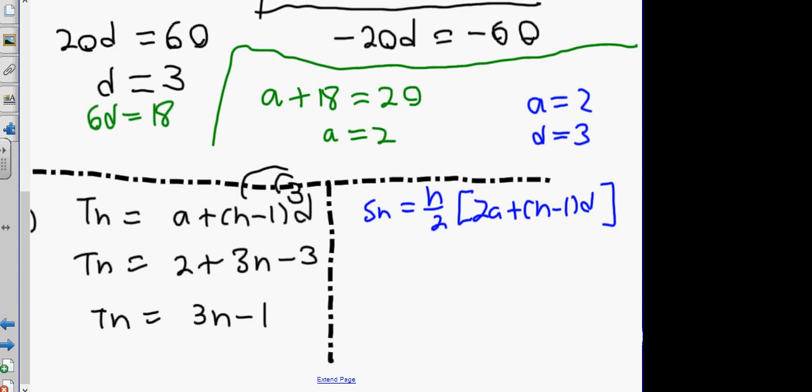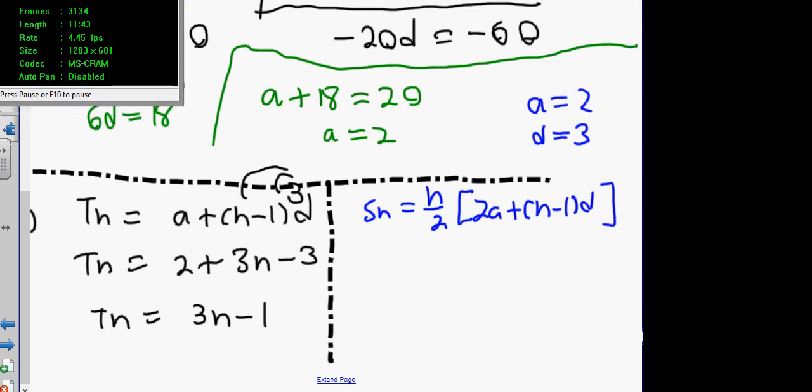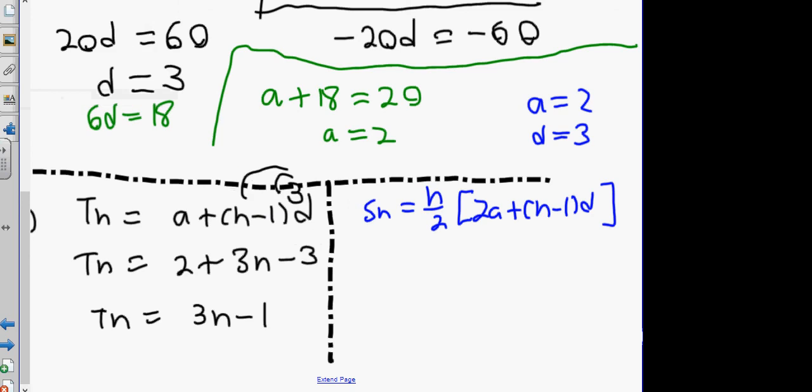Okay, guys. Next one. We get n over 2 into 2a. 2 times a is 2 times 2, which is 4. Then we get n minus 1 times d. d is 3. Multiply into 3 and you get 3n minus 3.